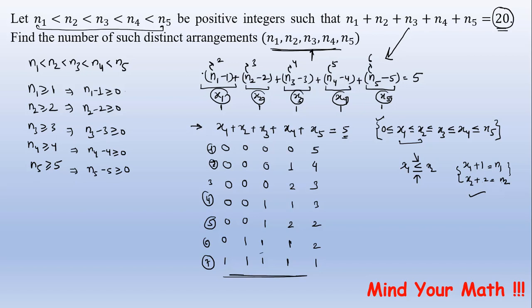And now you can see the sum n1, n2, n3, n4 and n5 is equal to 20, and this condition is also satisfied. Similarly you can check all the others.